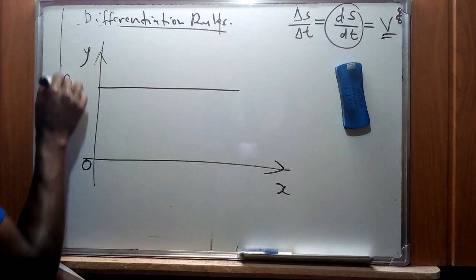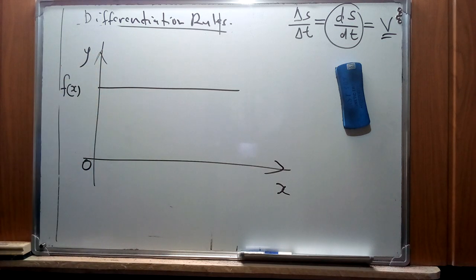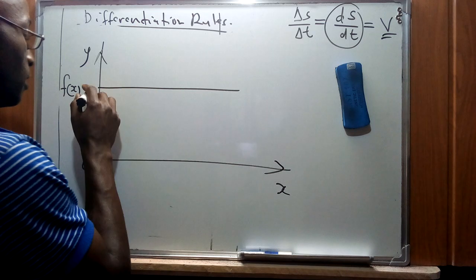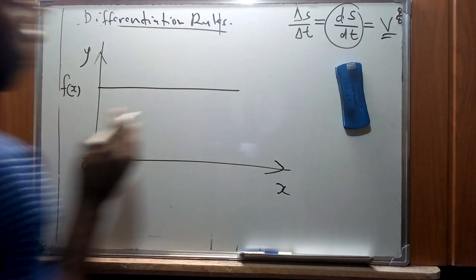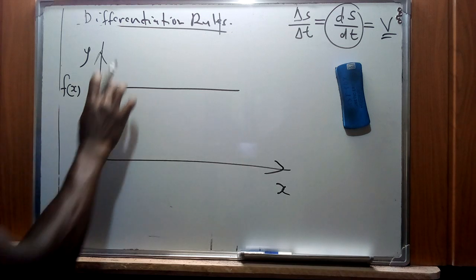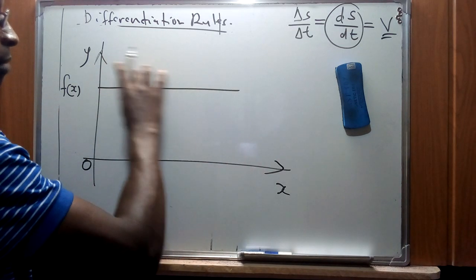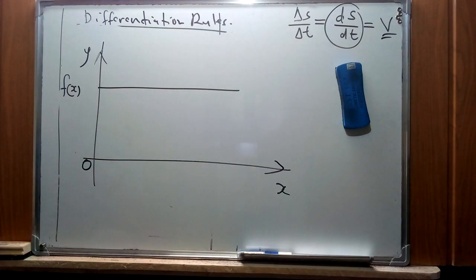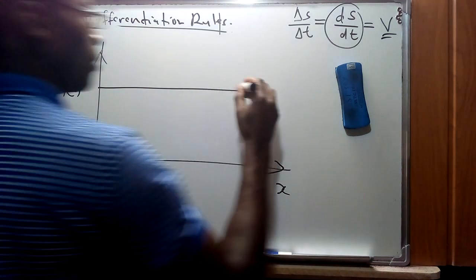So in this case, y can be represented as a function of x, and we're going to see why that is the case. We can see from our graphs of displacement, time, and velocity a behavior whereby a particular function is not changing with respect to x, and we refer to that as a constant.